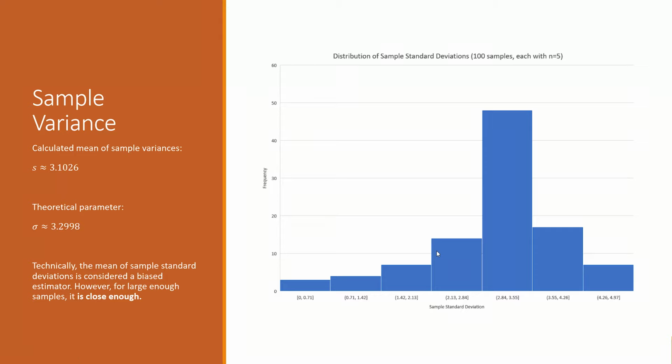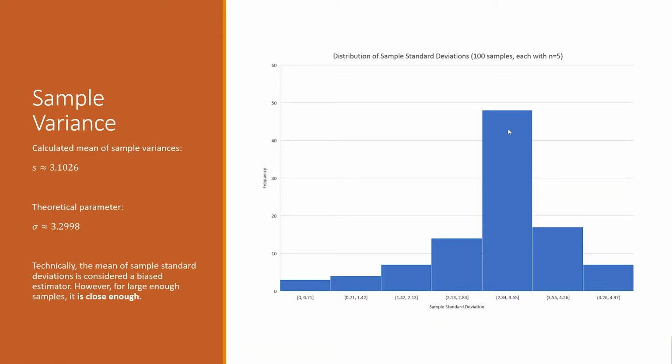Same, if not even more obviously so, for the sample standard deviations. Another typo there. This is standard deviations now. I take my curve here. You'll notice it does form a normal curve, but you'll notice on one side it's a slower rise, and on the other side it's a faster rise. That is skewness in a nutshell. But just like before, it is unbiased.